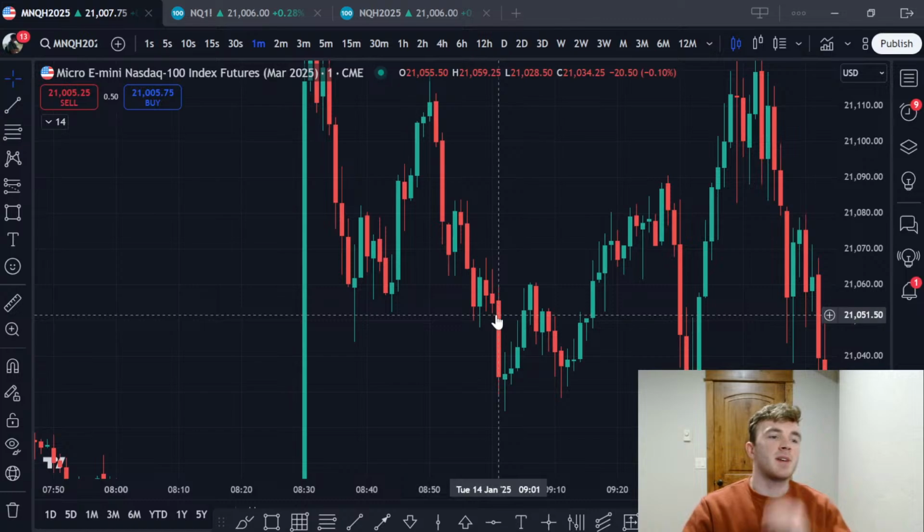I don't know, I'm kind of liking breaker for value gaps a lot more than I'm liking inverse value gaps personally.